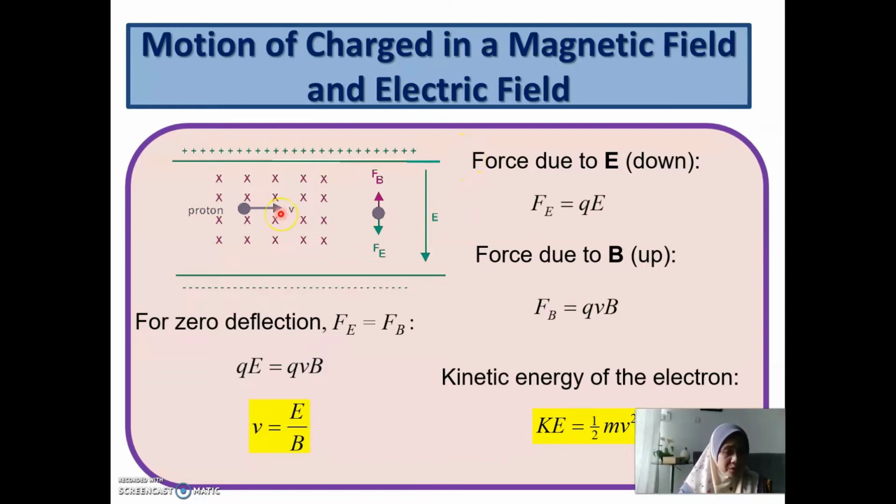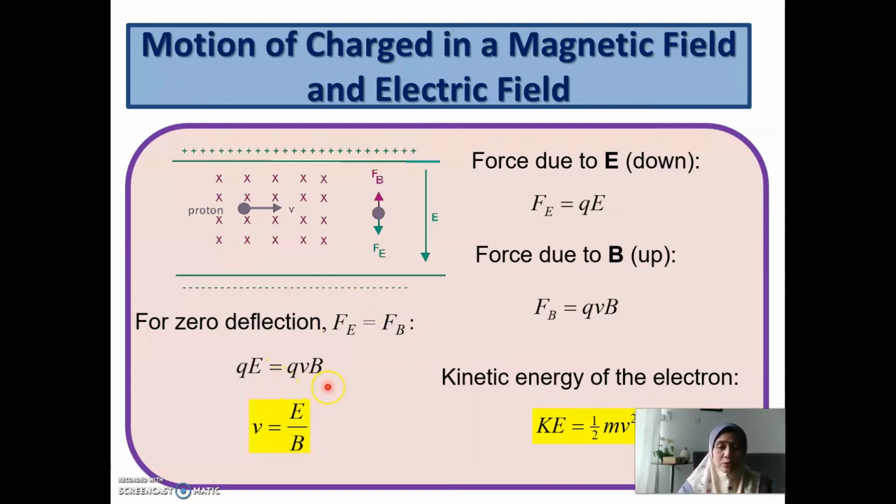But there is one situation where, when the charge enters these two regions at a certain particular velocity, it will not be deflected. It will move in a straight line until it leaves the magnetic field, and after that it will deflect. We call this zero deflection. When the charge moves in a straight line, even though it is in two different fields, B and E, with no deflection at all between the plates, FE equals FB, because the driving forces are the same.